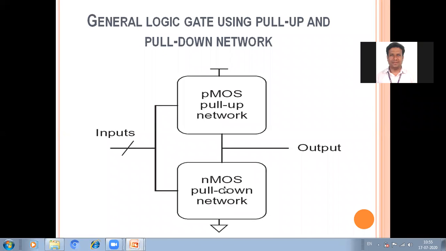When we apply one as the input to the NMOS type of transistor, it goes into the on state, and when it goes into the on state, it passes only a strong zero signal. If the input is one, the output is a degraded one.